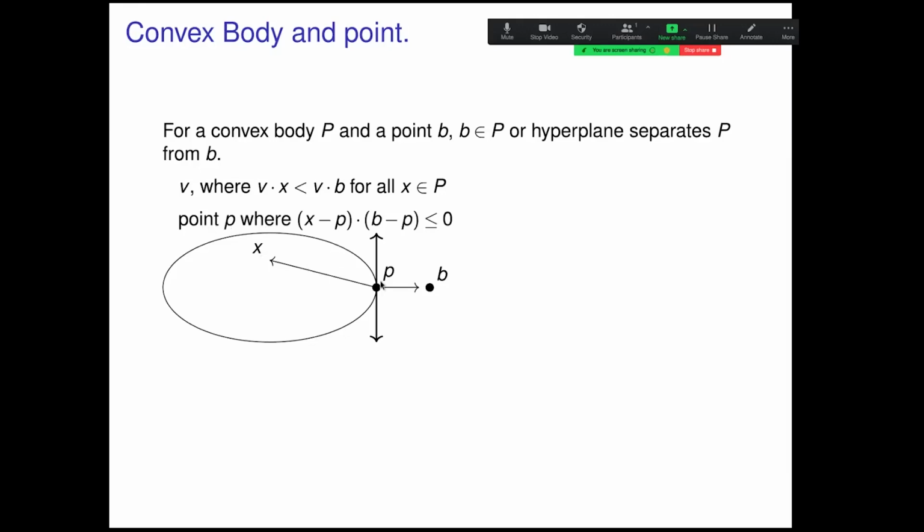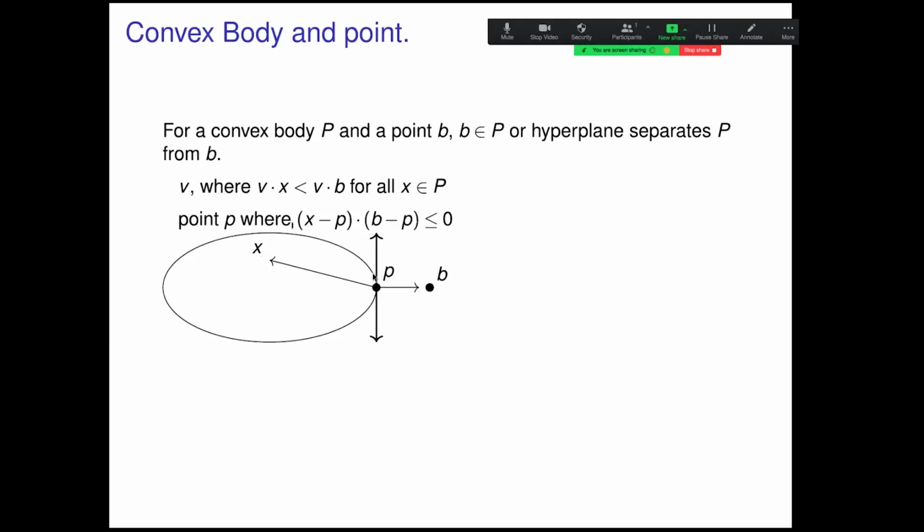There's a point P in the convex body where the separating hyperplane is in fact B minus P. That is a vector, right? You can use B minus P as the vector. Is that reasonable? Is that clear? And what point is this?